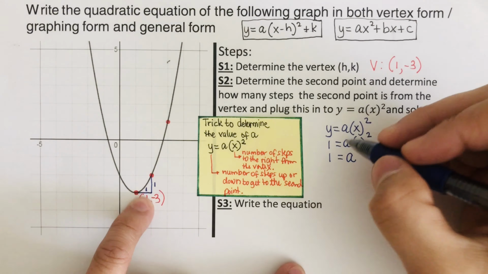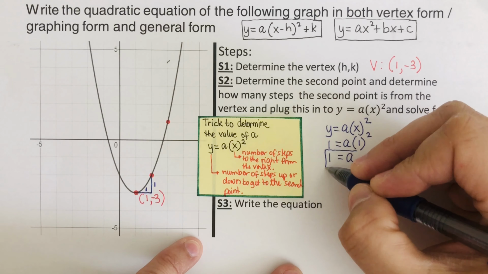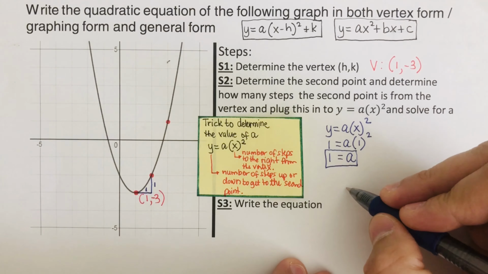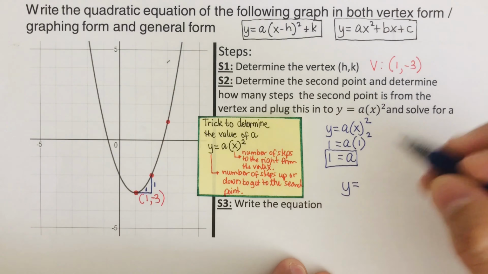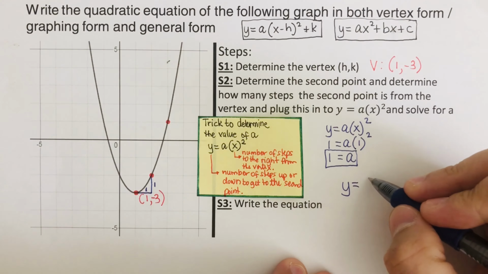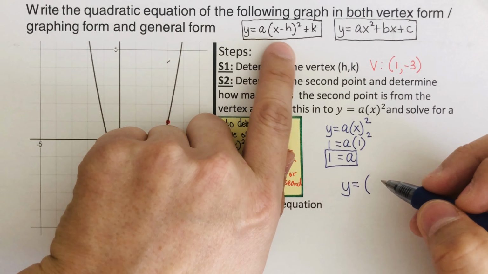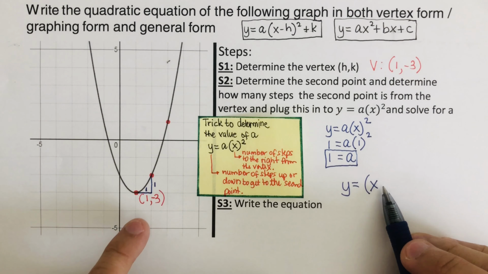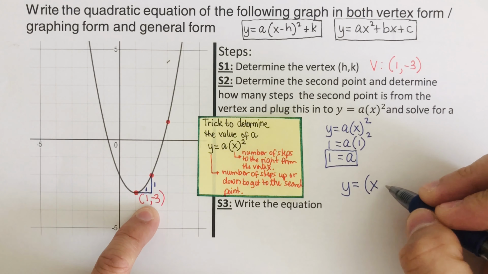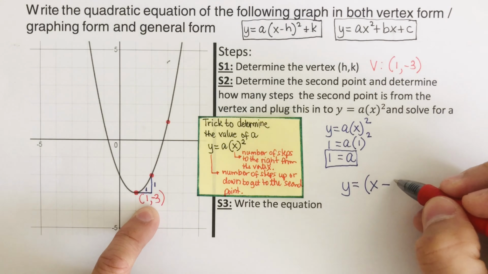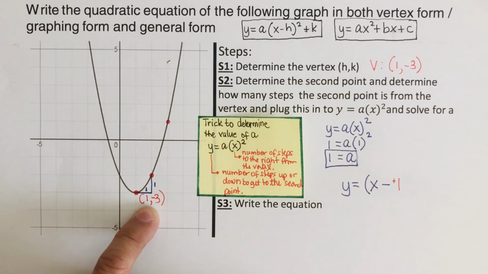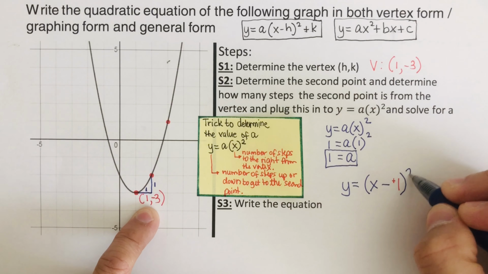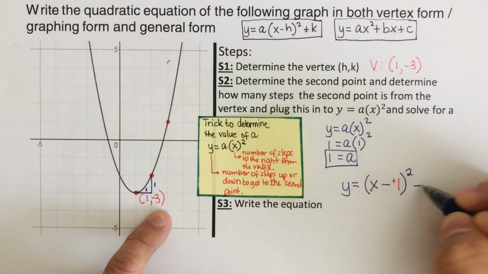Because you have 1 squared, it's just 1, and we don't need to write the 1. So that is our a. Then our equation comes out to y is equal to, since a is 1 we don't need to write it, parentheses, because we're looking for the graphing form, x minus the h, which is 1, so x minus 1, squared, and then minus 3.